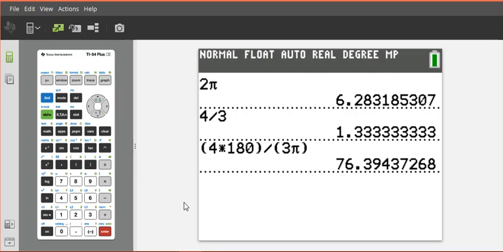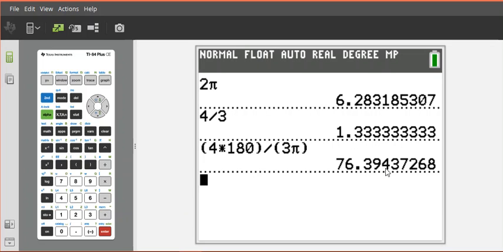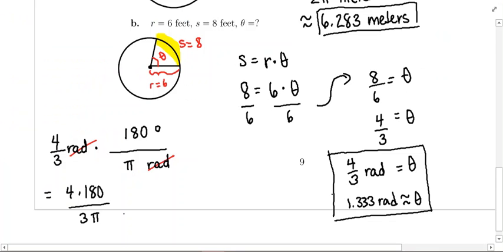This is going to be a decimal degree answer. If we round this again to 3 places after the decimal point, it is 76.394. So our angle is about 76.394 degrees. There you go. We've got an exact radian measurement, which is 4/3 radians.